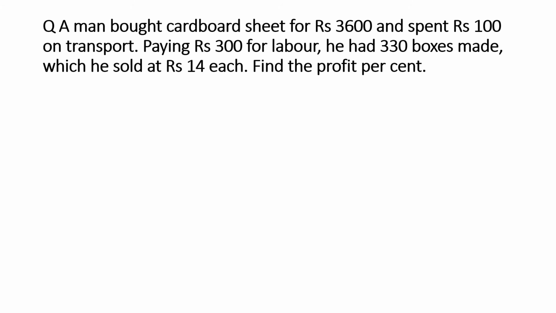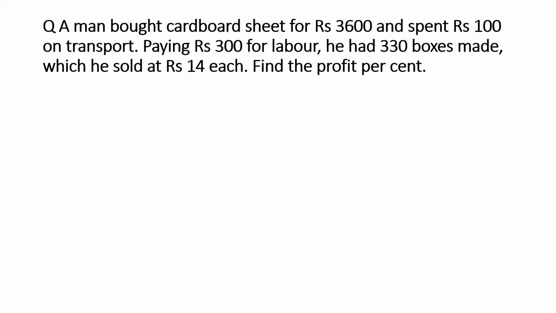The next question. A man bought a cardboard sheet for rupees 3600. He spent rupees 100 on transport, paying rupees 300 for labor. From that cardboard sheet he had 330 boxes made, which he sold at rupees 14 each. You have to find his profit percent.